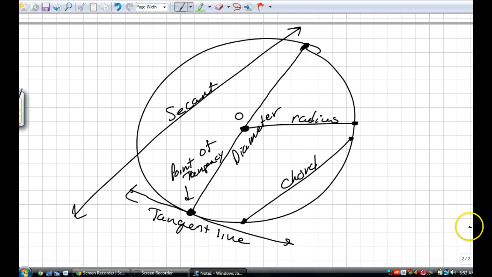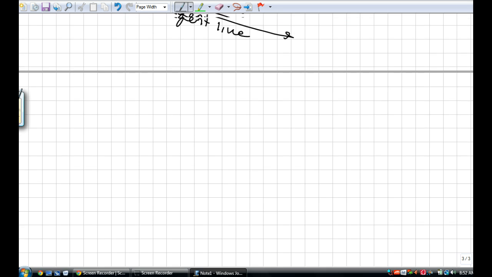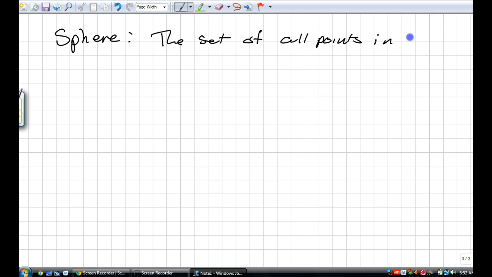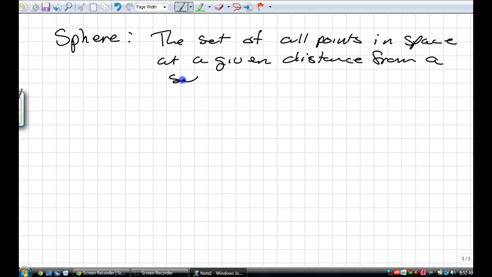And so when we're talking about a sphere, it's the same idea except we're talking in space. So a sphere is the set of all points in space, so we're talking three-dimensional, at a given distance from a set point.